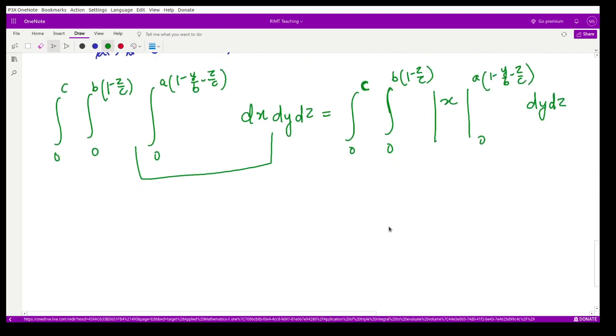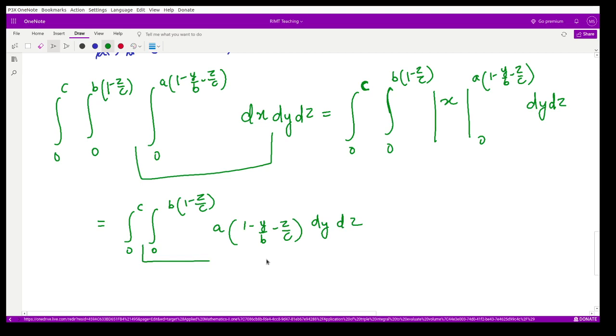So we can substitute the limit. So this would be equal to integration from 0 to c, integration from 0 to b(1 - z/c), and then the value is a into (1 - y/b - z/c) dy into dz.